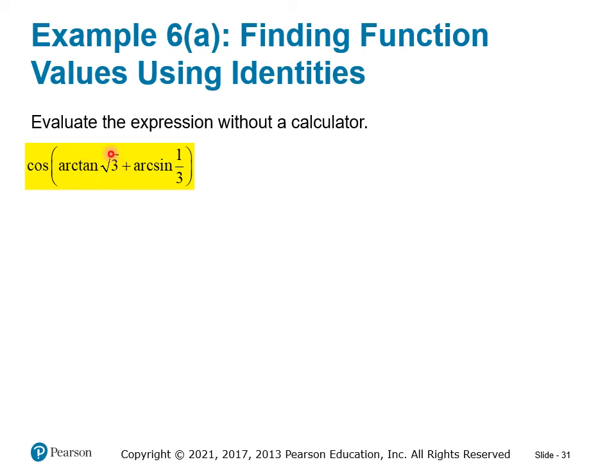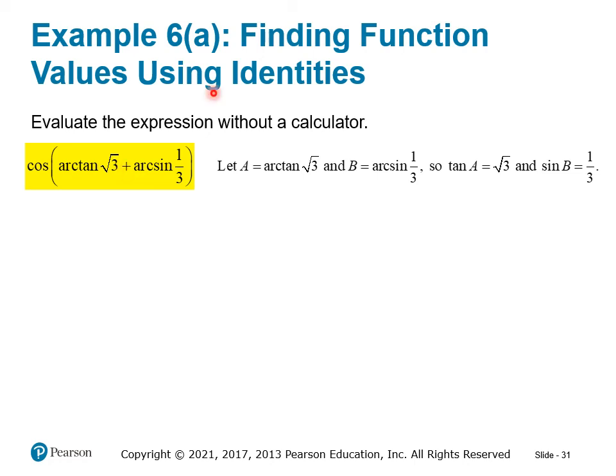We're going to do this just like we did in the two previous examples, but we have to do it twice. We're going to have a graph for arctan of square root of 3, and a graph for the arcsine of 1/3, and then we're going to figure out those angles and plug them into our cosine of a sum identity.